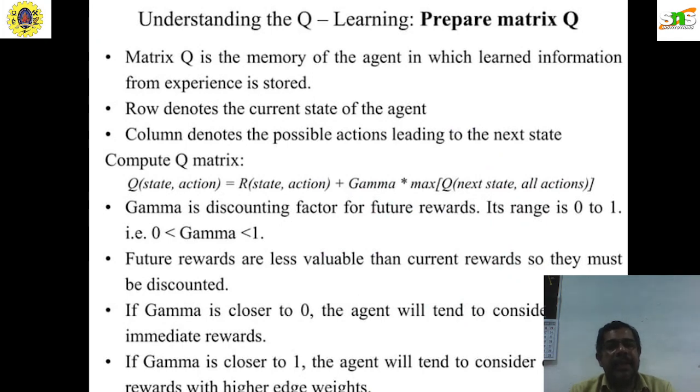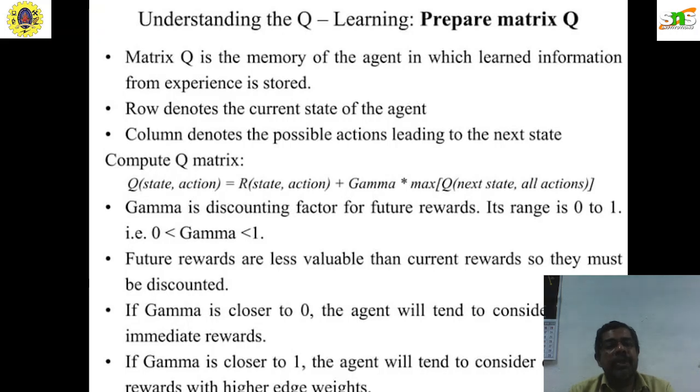The matrix Q is the memory for the agent. It has to learn the information from the experience that has been stored. The rows, as I said earlier, represent the present situations the agent has encountered, and the columns denote the possible actions leading to the next state.